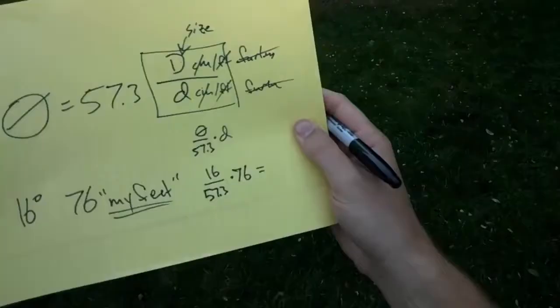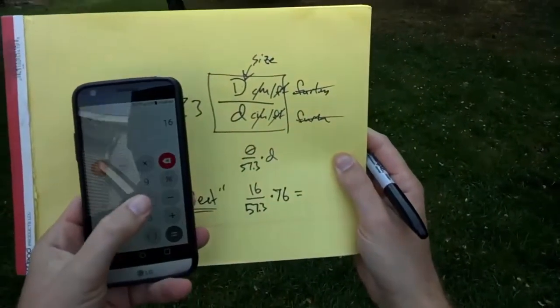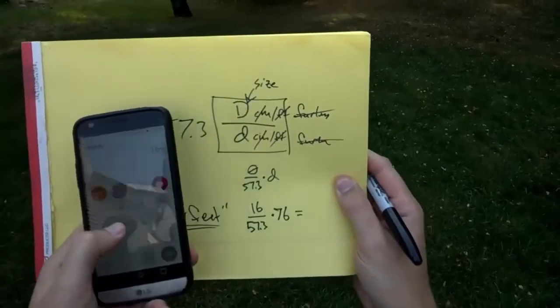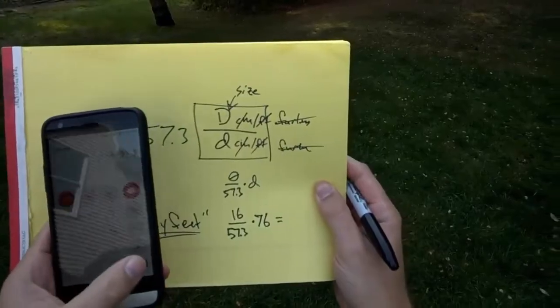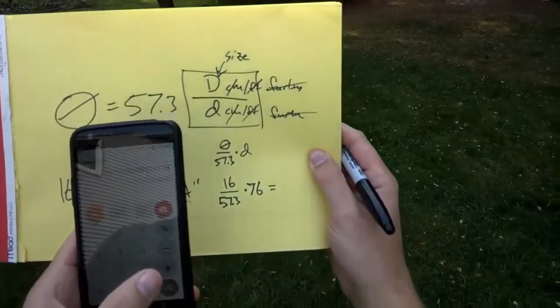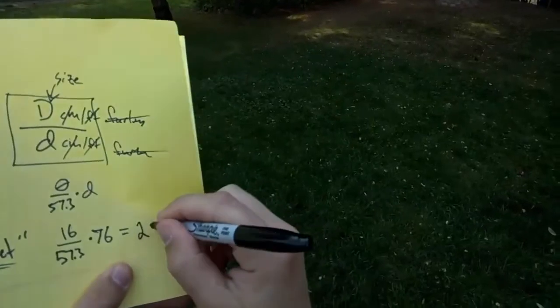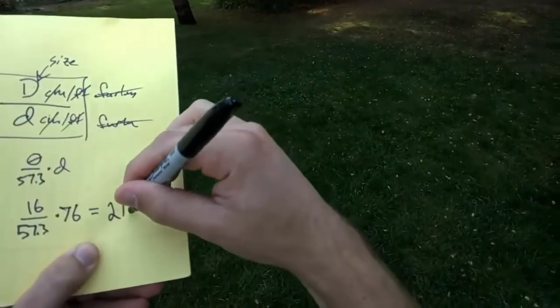Now, I do carry a calculator with me everywhere I go, and you probably do too. 16 divided by 57.3 times 76 equals 21.2 feet. I'm just going to call that 21 of my feet.